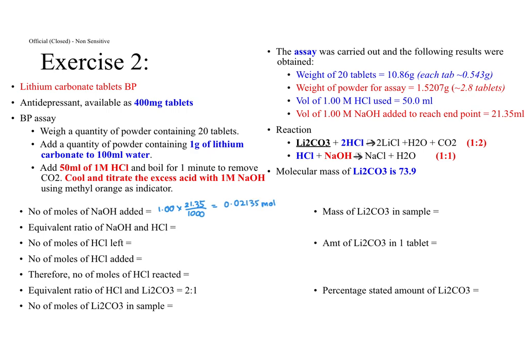So we get 0.02135 moles. If we consider the reaction between HCl and NaOH, 1 mole of NaOH reacts with 1 mole of HCl. So the equivalent ratio is a 1:1 ratio. Therefore, the moles of unreacted HCl is the same as the number of moles of NaOH.